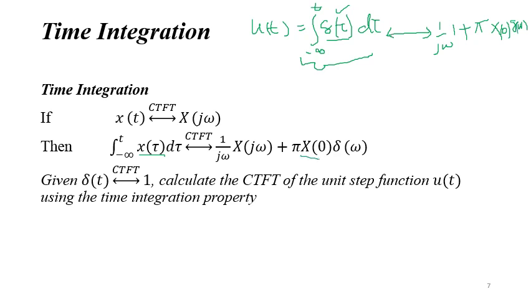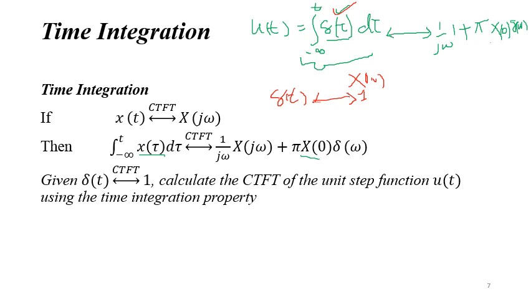Because you know that in the case of the impulse function, the Fourier transform of the impulse is equal to 1. It is constant. So x of j omega at 0 equals 1, at 1 equals 1, so it's 1 all the way.